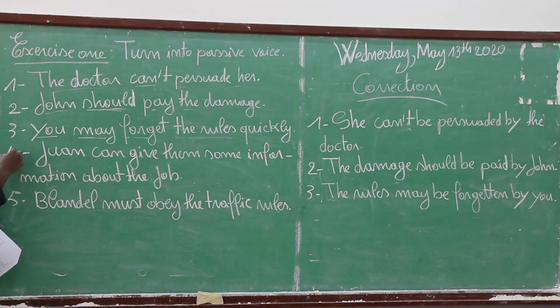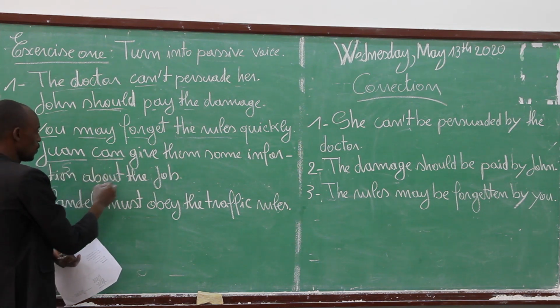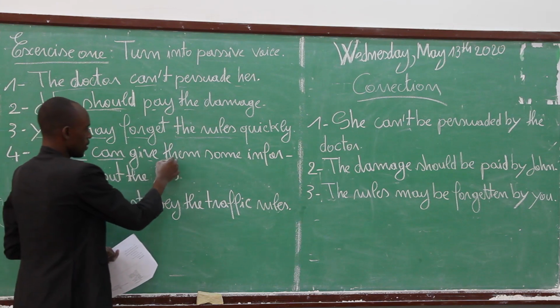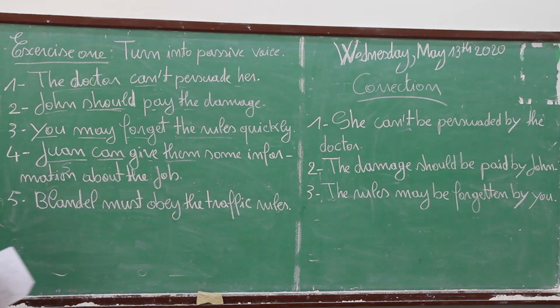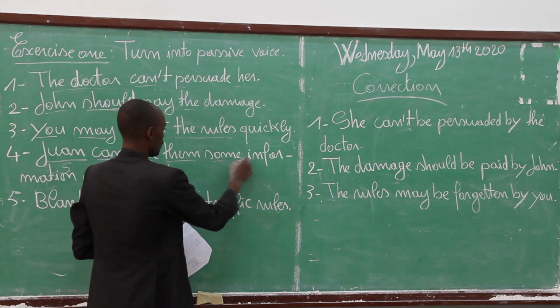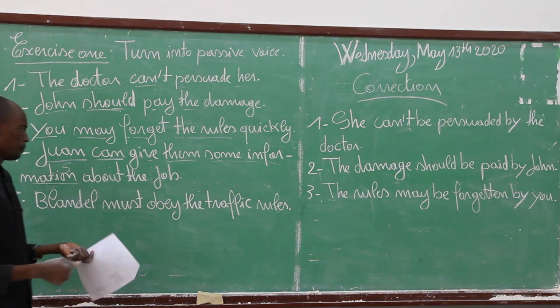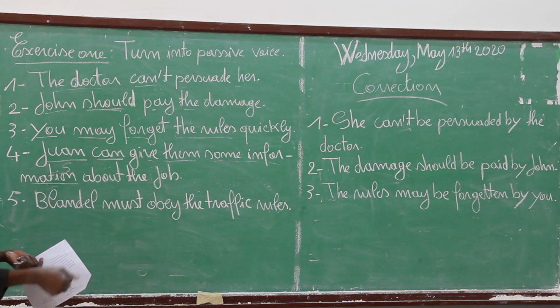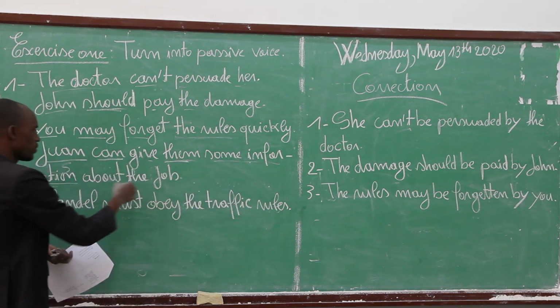And here we have the fourth sentence. Subject, modal, and main verb, and we have the objects, some information. And here we have two objects. We have them, and we have also some information. Le complément d'attribution et le complément d'objet, some information.